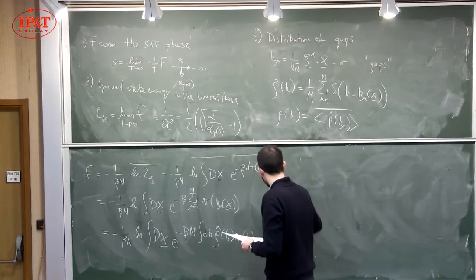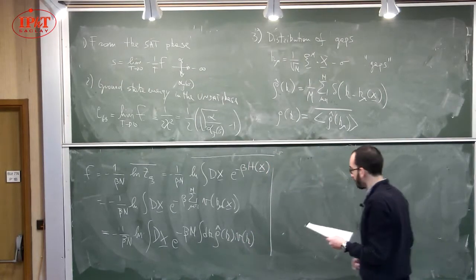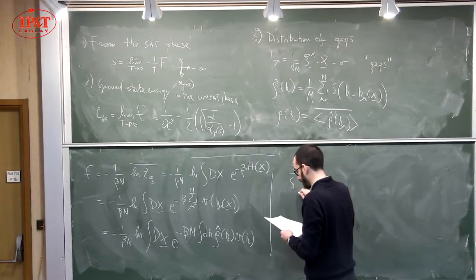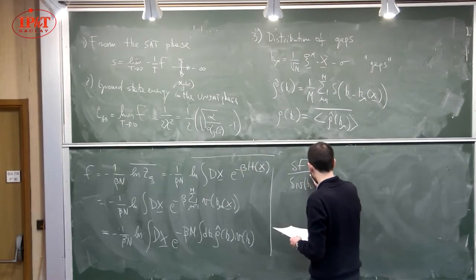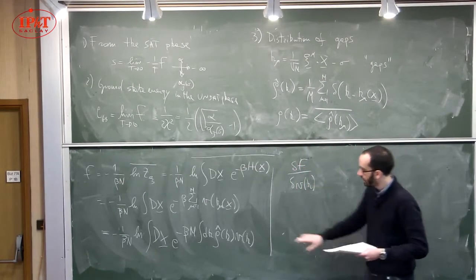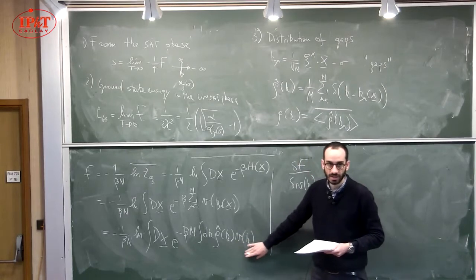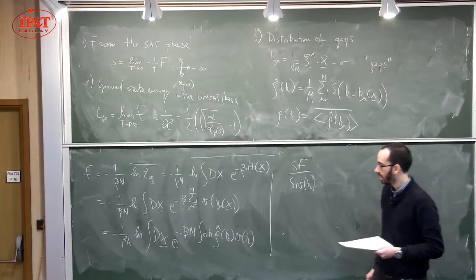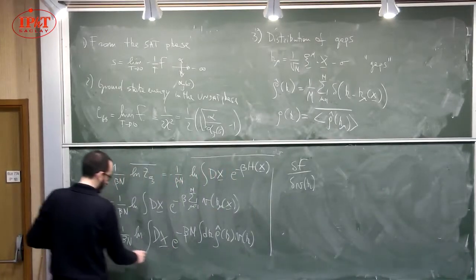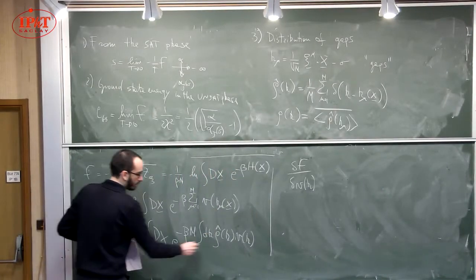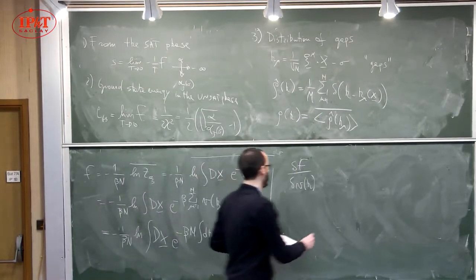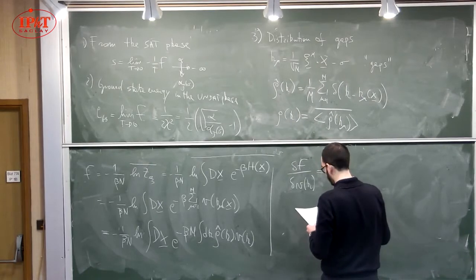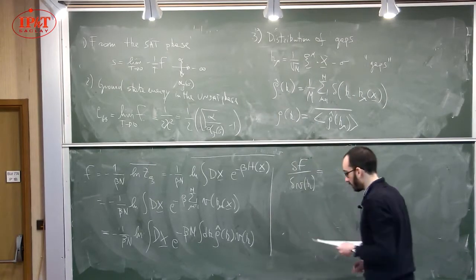Okay, so now let me take this functional derivative. So now I assume that v is a function that I can choose and then I can take this functional derivative. Okay, so I have to take the derivative of this with respect to v. So what do I get?